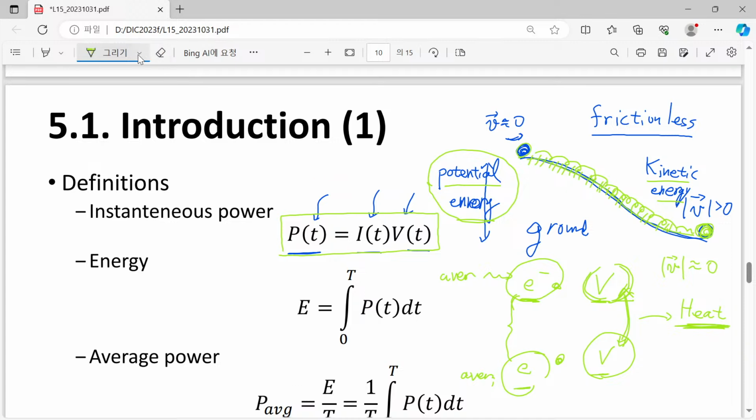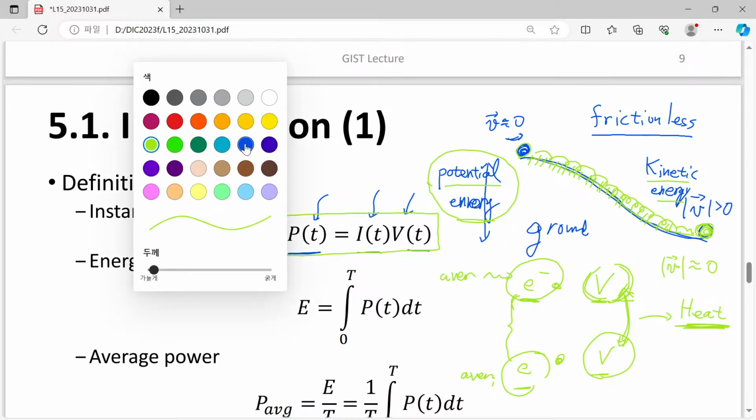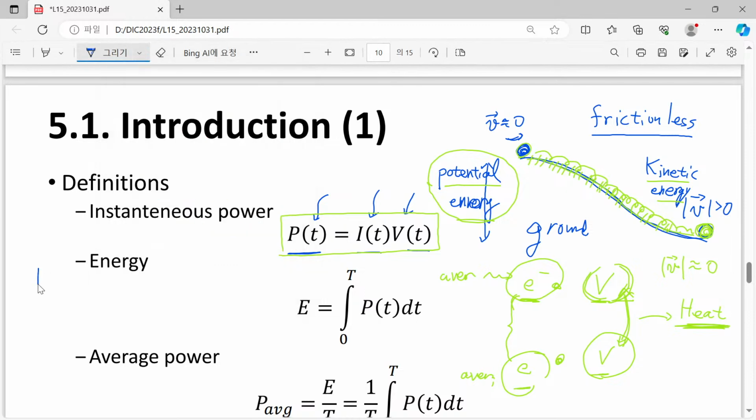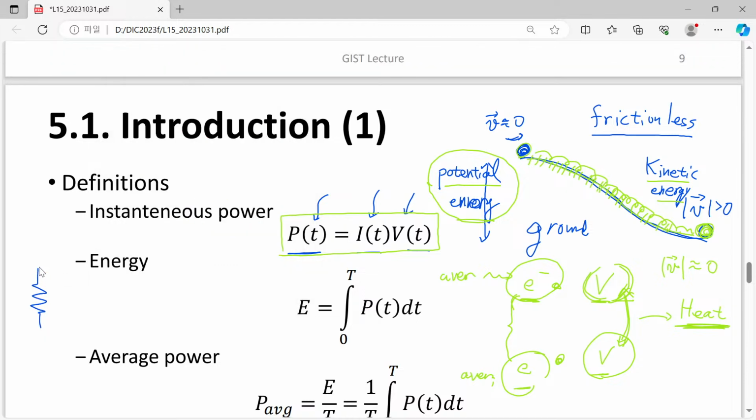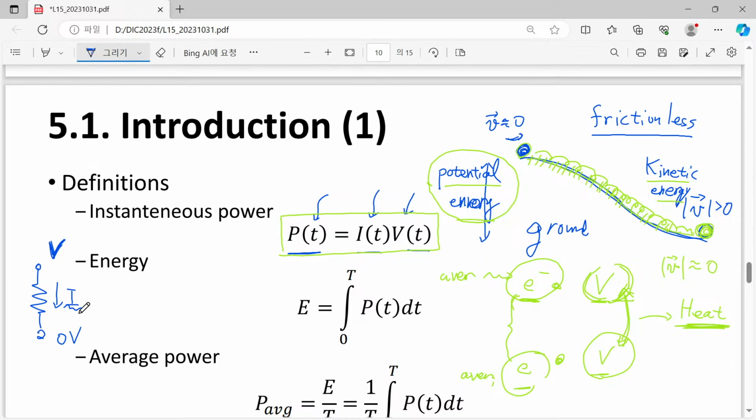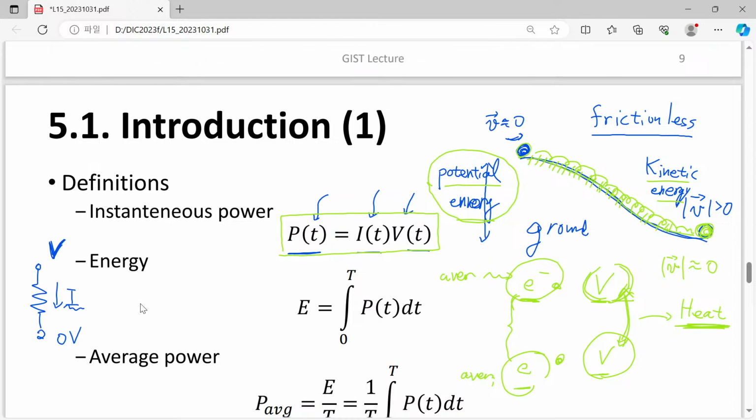That's the reason why in many cases we just draw a resistor and say, for example, 0 volt here and V there, then we will have a certain current. And if we have higher current, it means more and more electrons are moving.